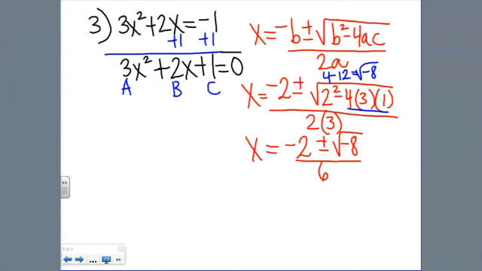Now, the square root of 8 is not a perfect square root, but we can pull out one of its factors that is a perfect square root. So we can break down negative 8 as 4 times negative 1 times positive 2.